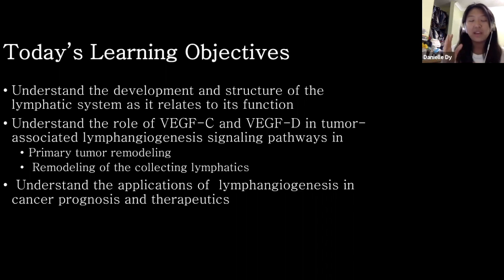This specific signaling axis is what induces lymphangiogenesis with tumor metastasis. We'll look at it in the context of both primary tumor remodeling as well as remodeling outside of that in the collecting lymphatics. And finally, understanding how we can apply the signaling axis and how it functions relative to tumor metastasis in cancer prognosis and therapeutics.